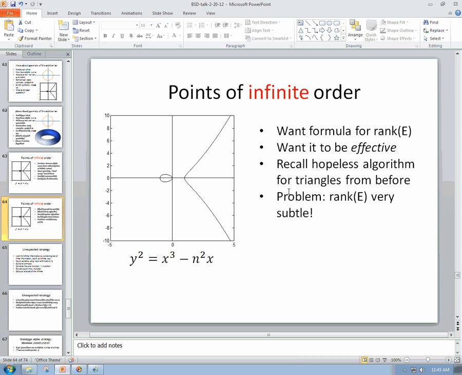So we'd love to have a formula for the rank of an elliptic curve, an effective formula that we really can calculate. Now, the rank of an elliptic curve happens to be extremely subtle, but that has good and bad things. It means that it's really hard to be sure you have a formula, but it does mean that there are very unexpected connections.